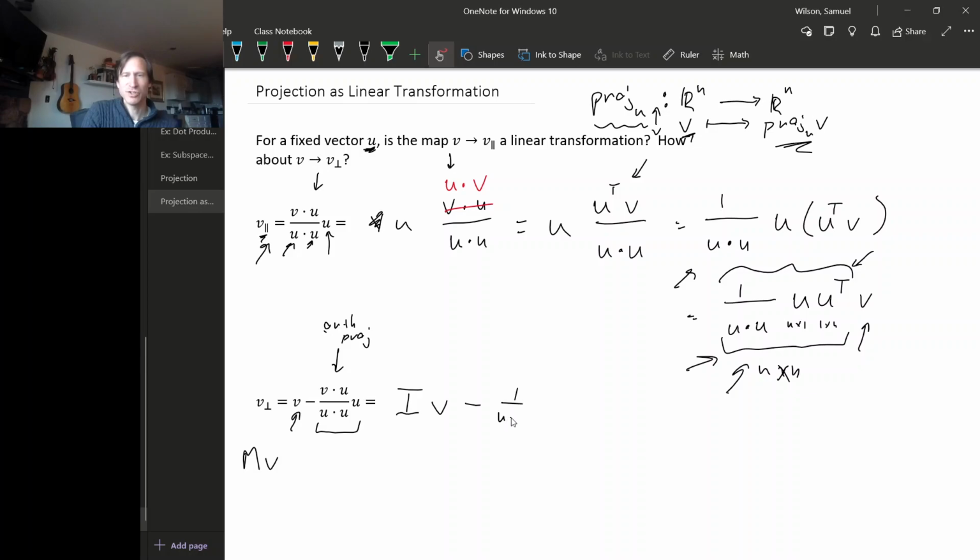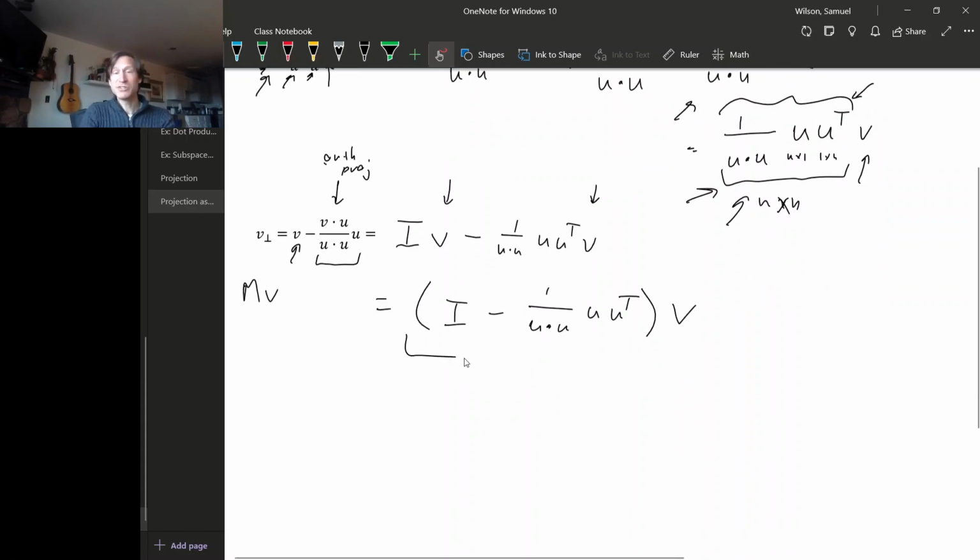So that's 1 over u dot u times u transpose V. Since both of these are written as some matrix times the vector V, where V is on the right-hand side of the product, we can just factor out the V. So we get I minus 1 over u dot u, u transpose, all times V. That means this is the matrix that does the orthogonal complement.